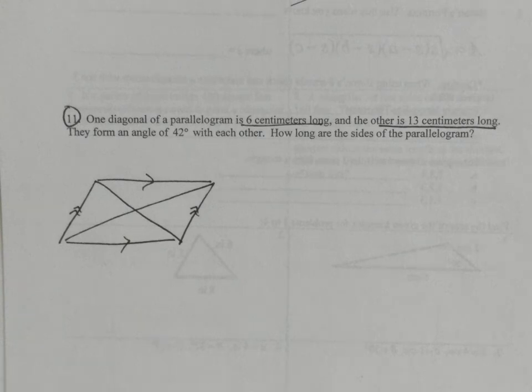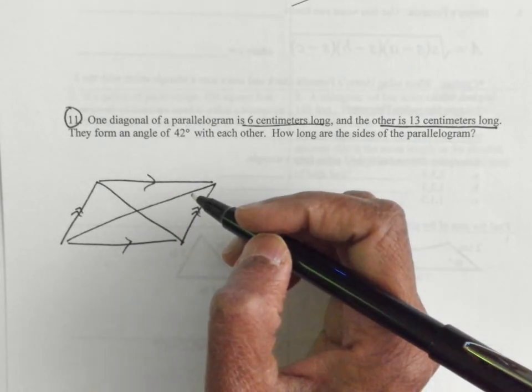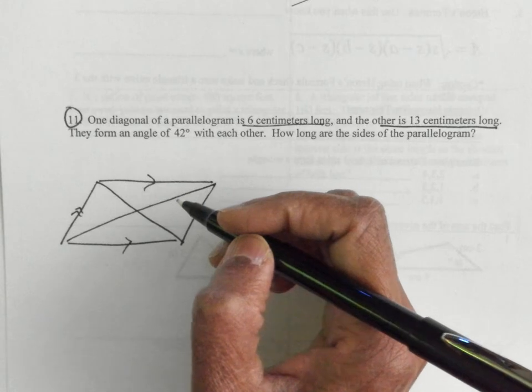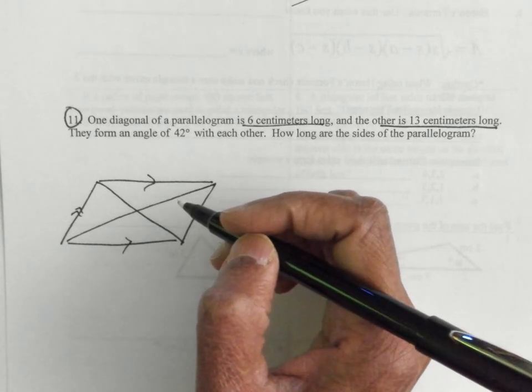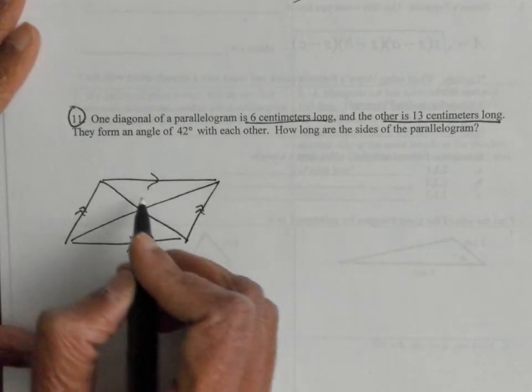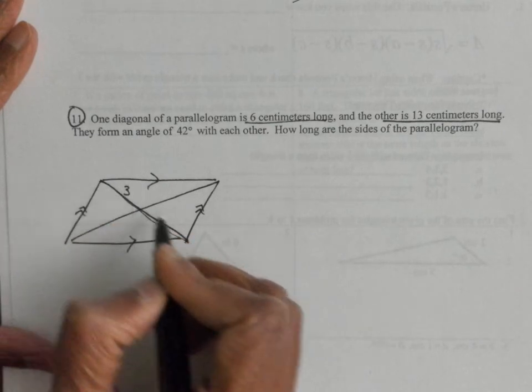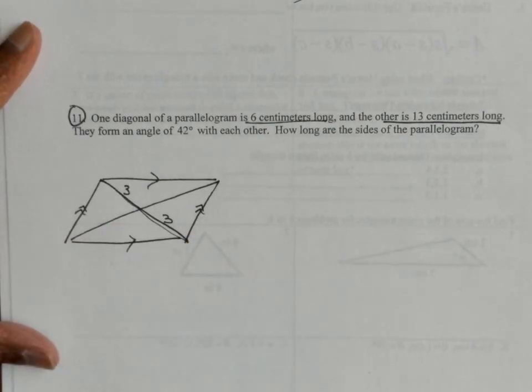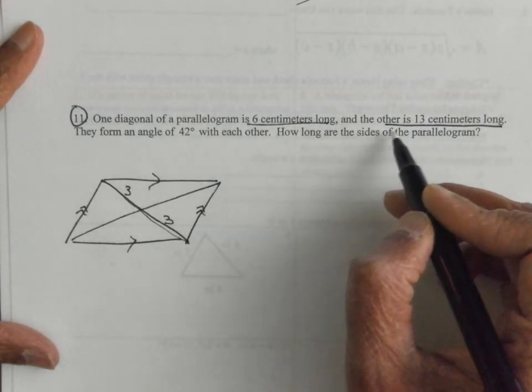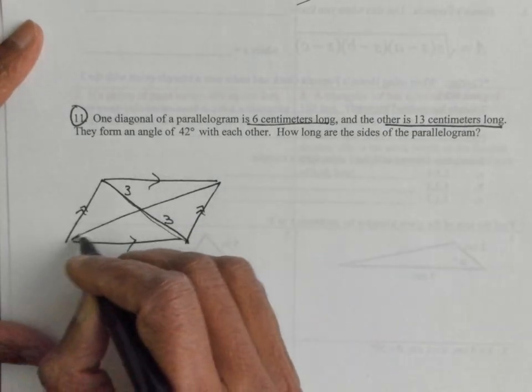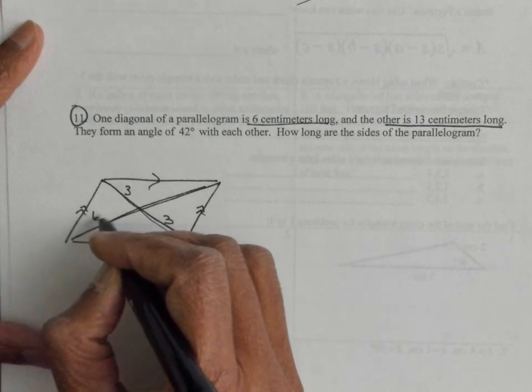The only feature of the diagonals that applies to all parallelograms is that they bisect each other, which means what? If the short one is 6 centimeters, each half is 3. If the long one is 13 centimeters, each half is 6.5.